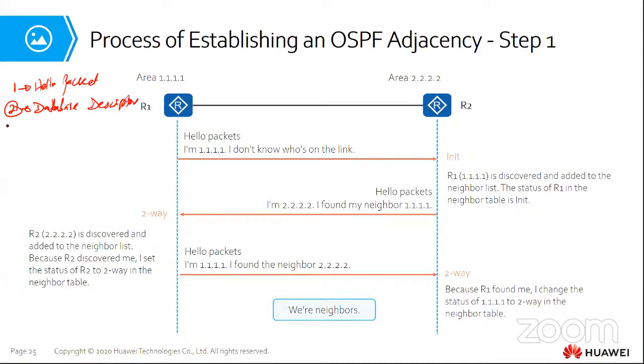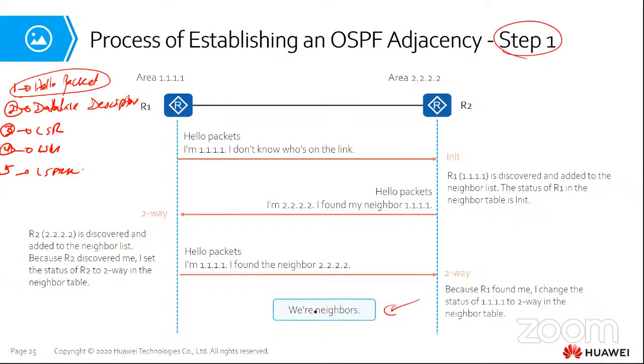The third one, we say, is the link state request. The fourth one, we say, is the link state update. The fifth one, we say, is the link state acknowledgement. Now, the hello packet is the one we exchange in the first step to form neighborship, which is the first type of relationship.